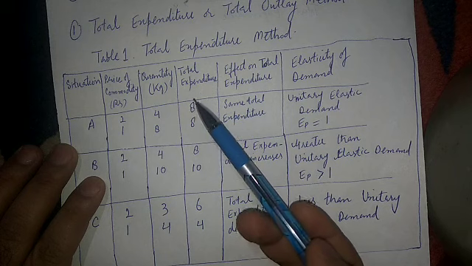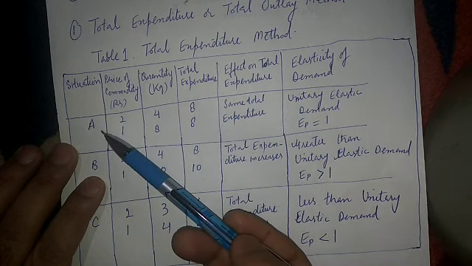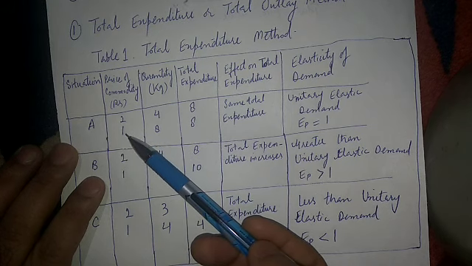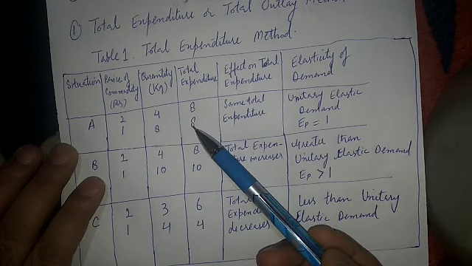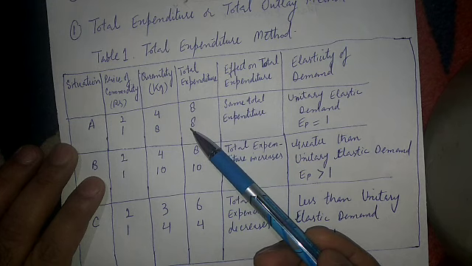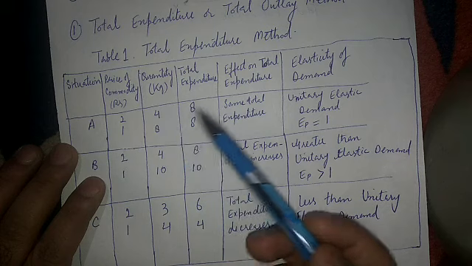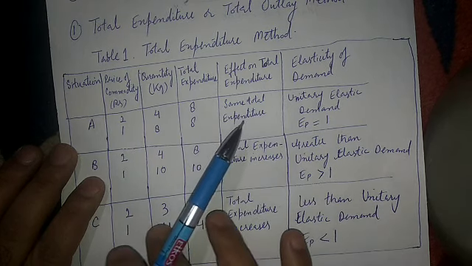Now you see, when the price falls from rupees 2 to rupees 1, the total expenditure remains rupees 8 still. That means there is the same total expenditure.